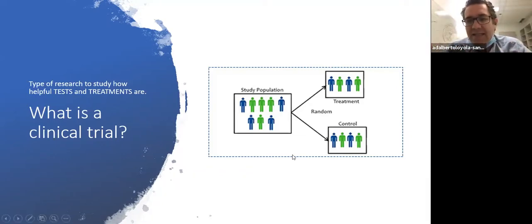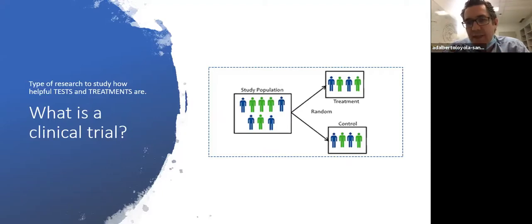The whole idea is that you implement your test or your treatment at the baseline, and then at the end of a certain amount of time, you measure again and see if there is a difference between the 2 groups.